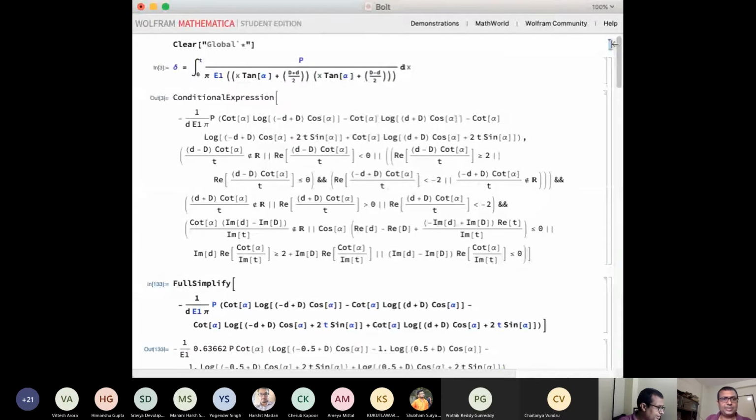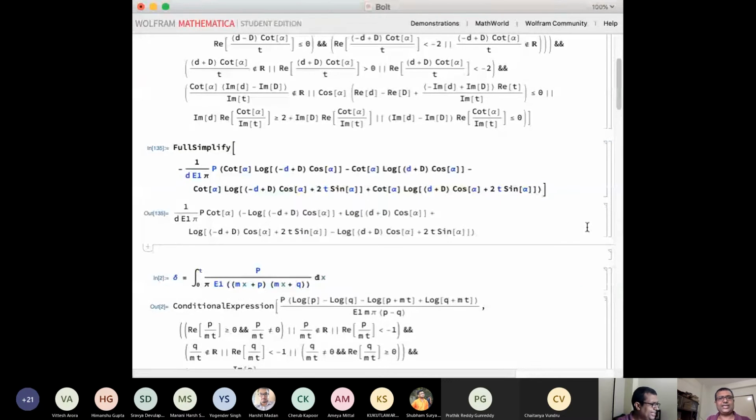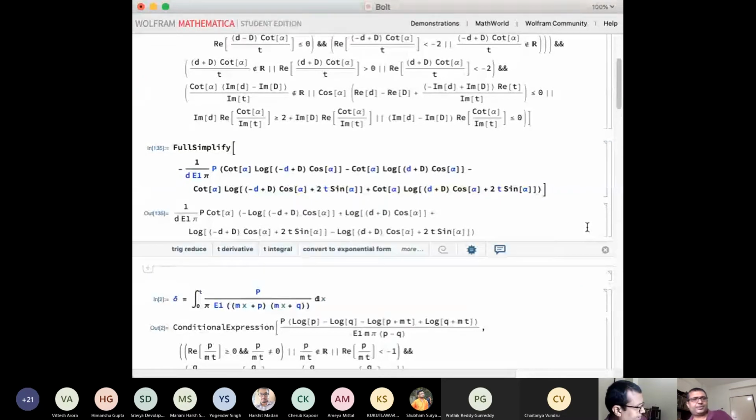I'll have to do this shift because it stores a lot of these terms which I have actually calculated. So let me do this. Now you will get the nice formulation for this.